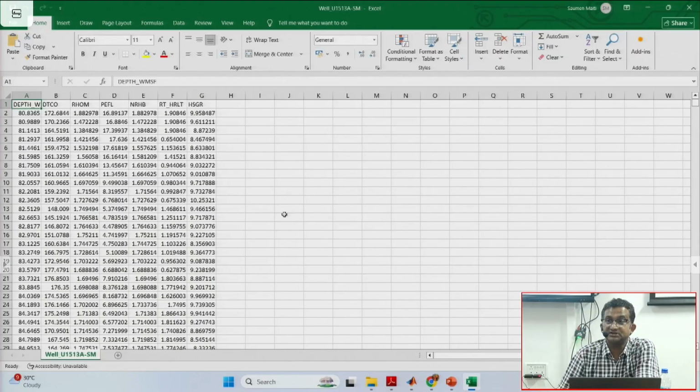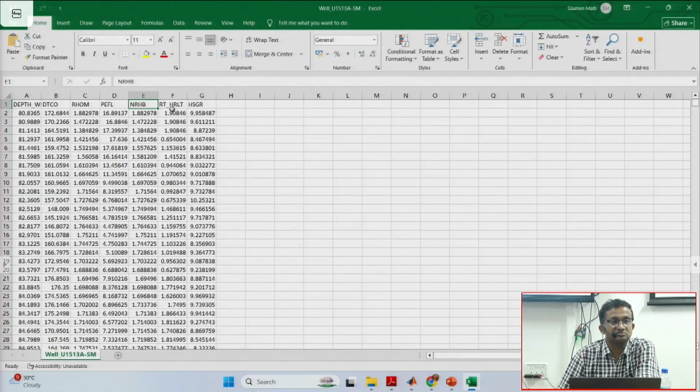So depth value is there, sonic is there, sonic caliper. This is matrix, that density value. This is the photoelectric effect response, and this is also another density, because density can be measured by different geophysical logging tools.